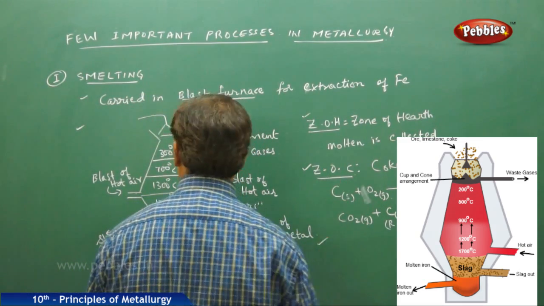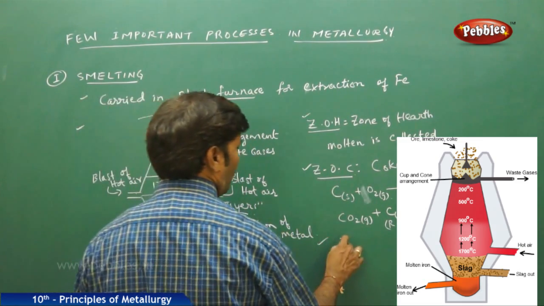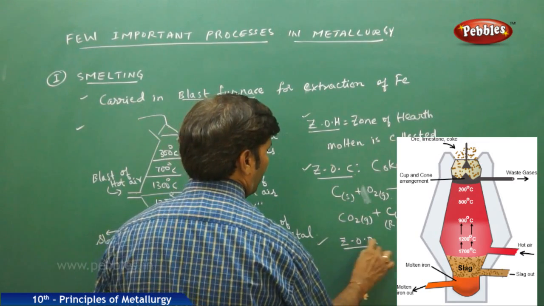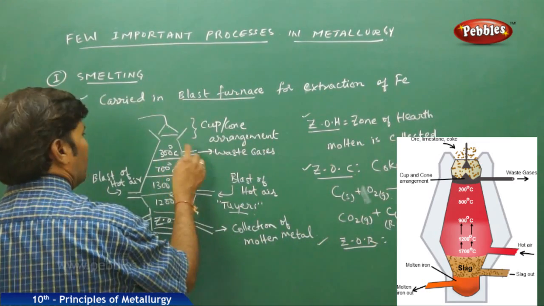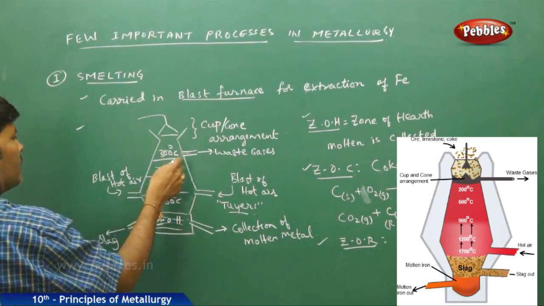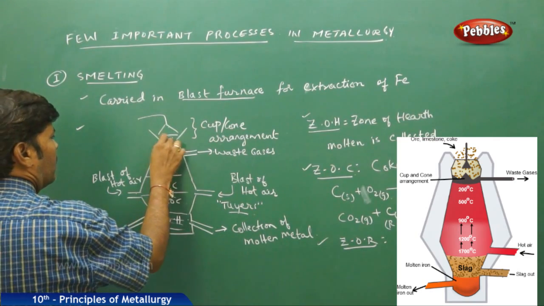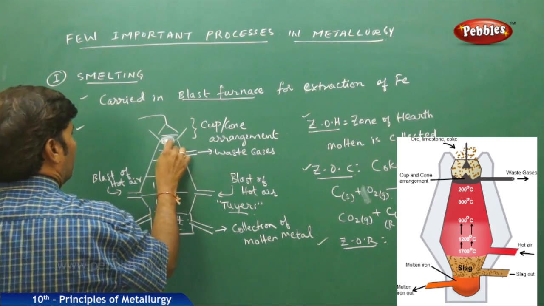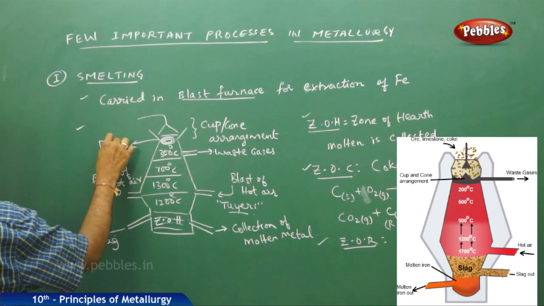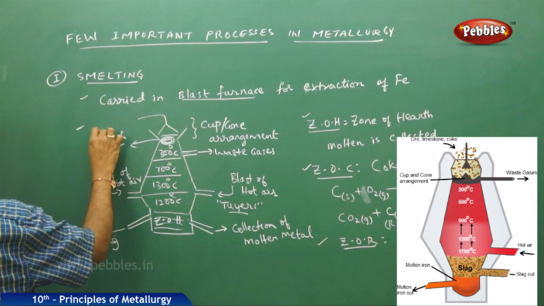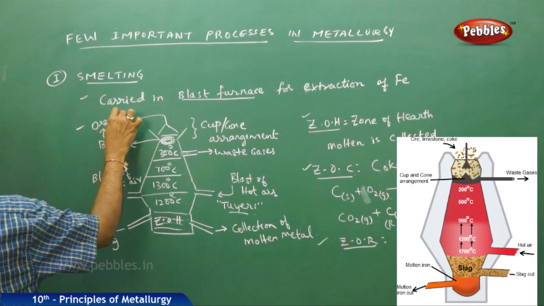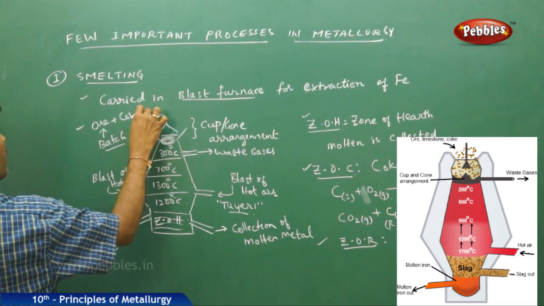And if you take the zone of reduction, ZOR, here when you take the cup and cone arrangement, here you find all the mixture. This is called the batch. This batch is made up of ore plus coke plus limestone.